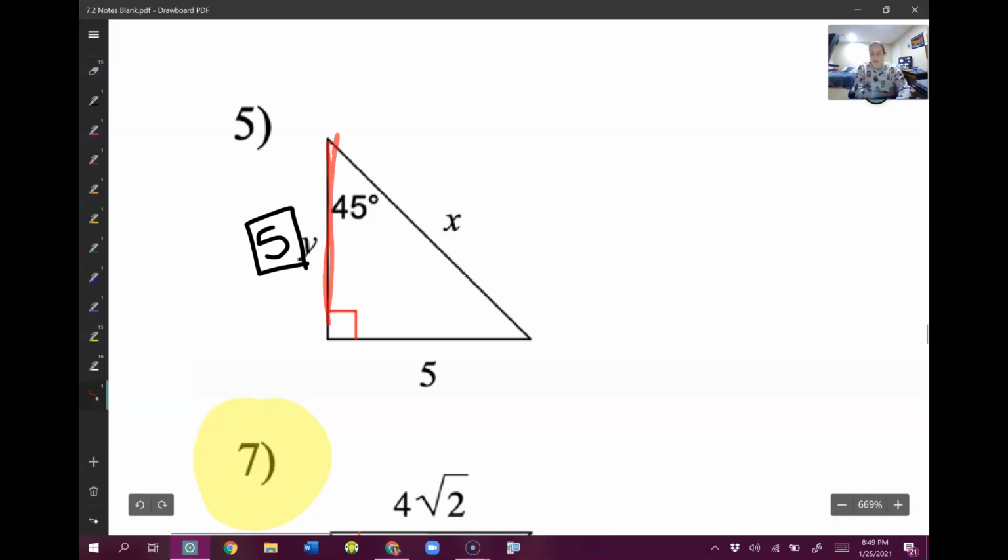I'm going from a small side to a bigger side. So to get from smaller to bigger, I multiply. Multiplying makes things bigger by my magic number, root 2. So I'm going to take that 5, multiply by root 2, and that one doesn't simplify, so that's my answer.